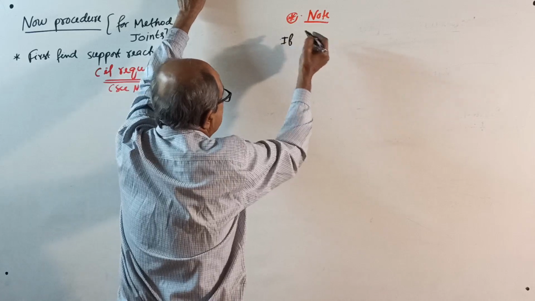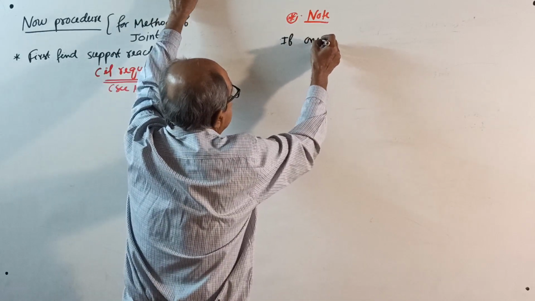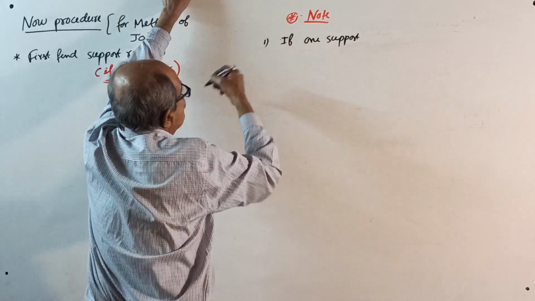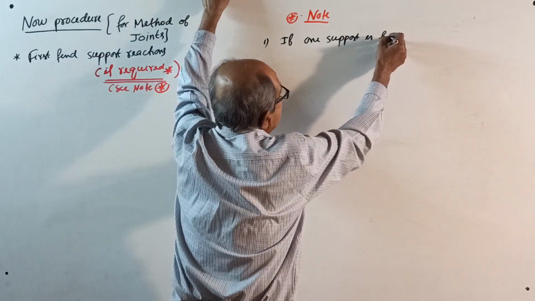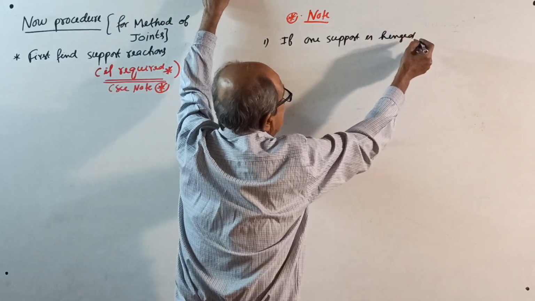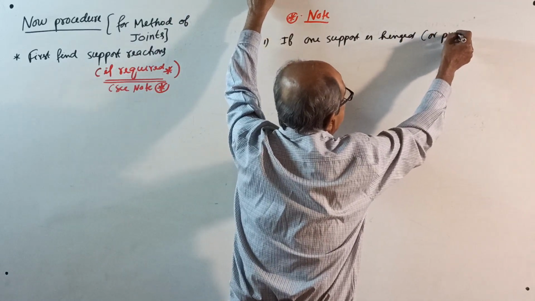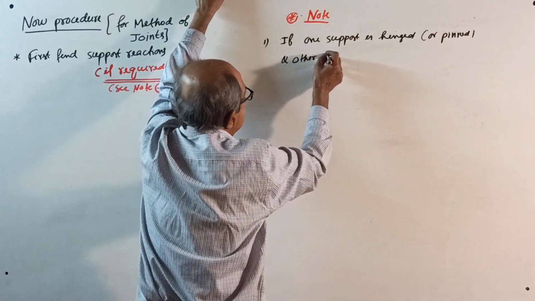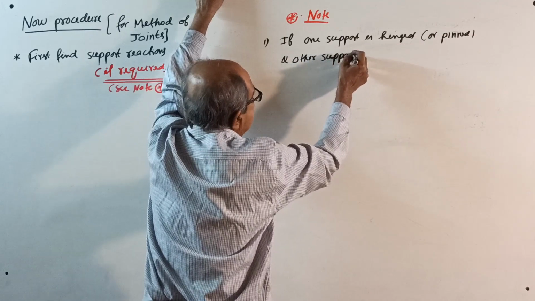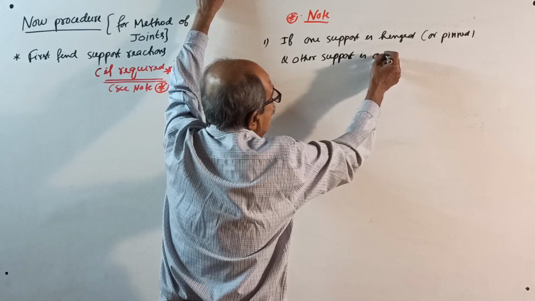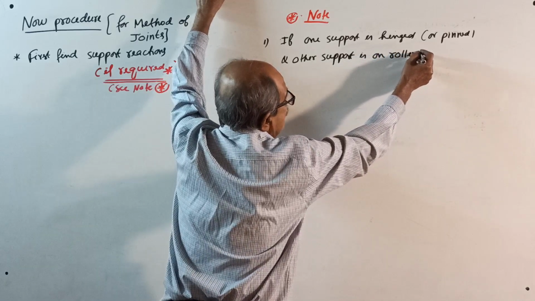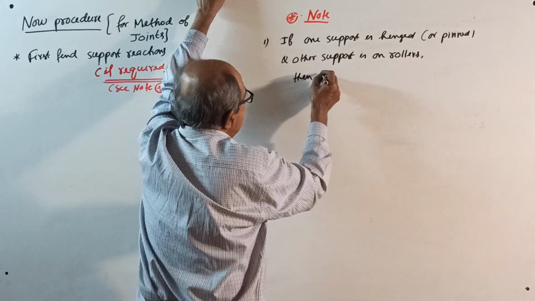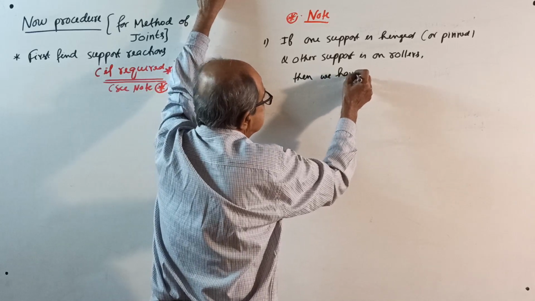If one support is hinged, remember hinged, or some people call it pinned, both are the same, and the other support is on rollers, then we have to find support reactions.